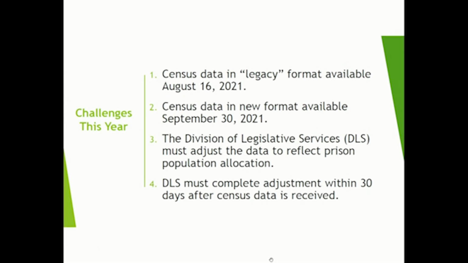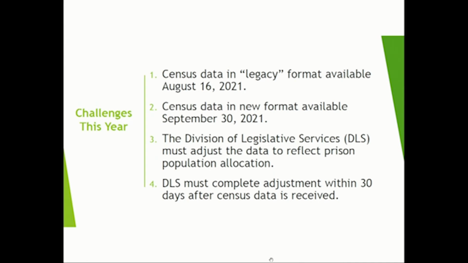There is one little twist this year, and that is Division of Legislative Services under new legislation has to adjust that data to reflect the prison population allocation. This is a new law which says you allocate the prison population back to their home jurisdictions, so the inmates' home jurisdictions will actually reflect where their home is.